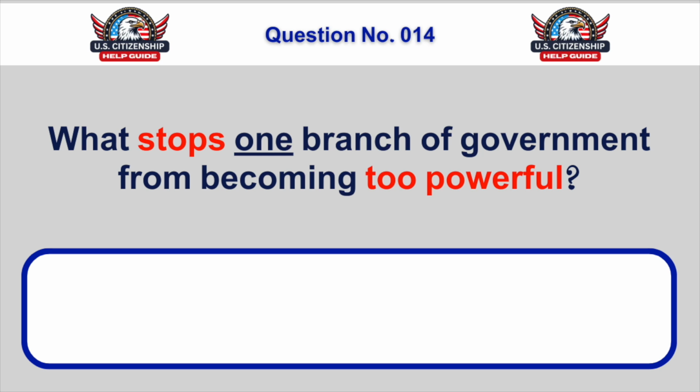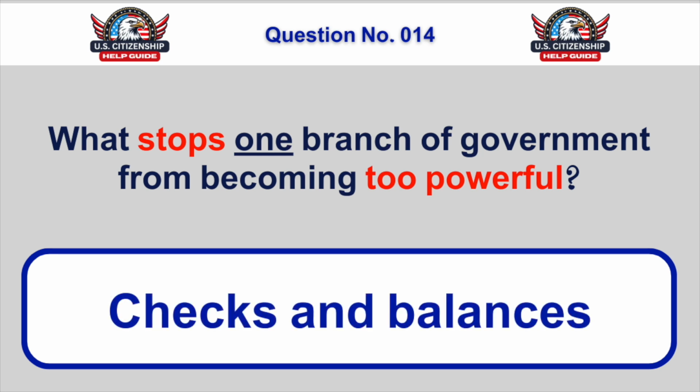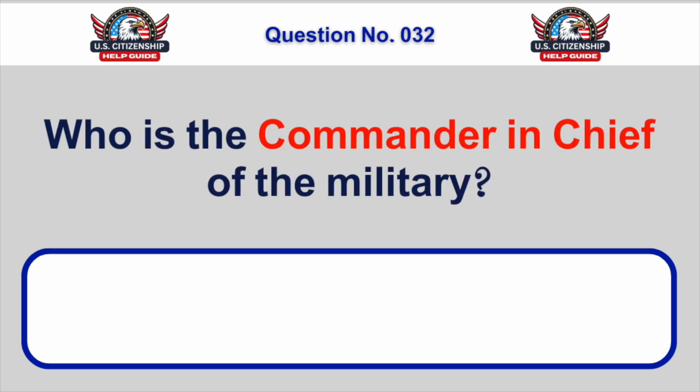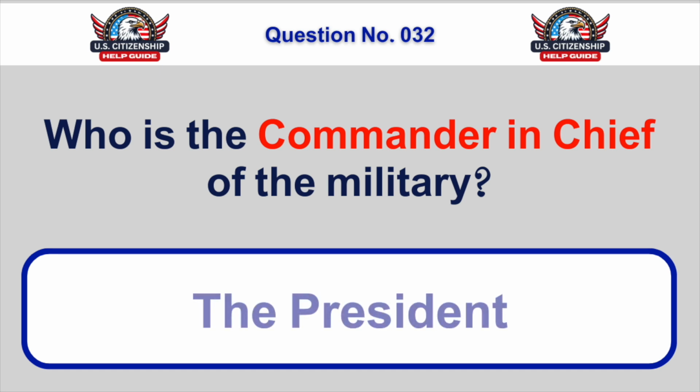What stops one branch of government from becoming too powerful? Checks and balances. Who is the commander-in-chief of the military? The President.